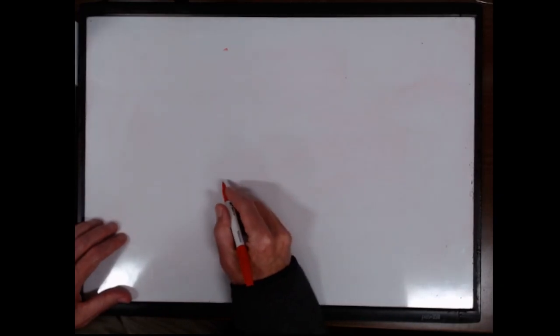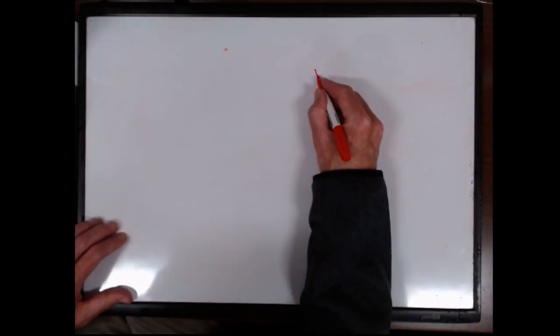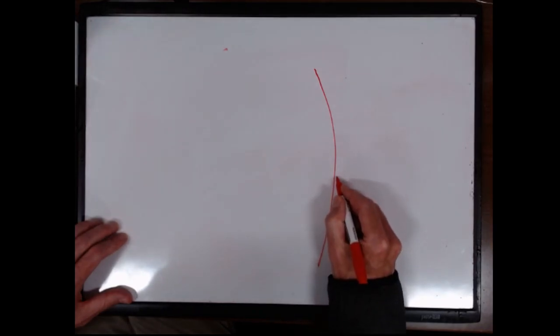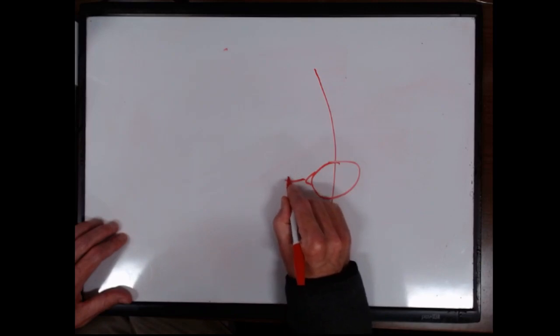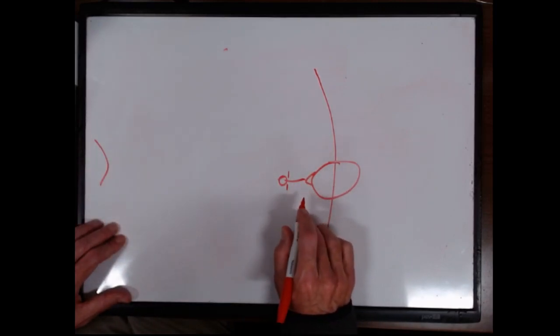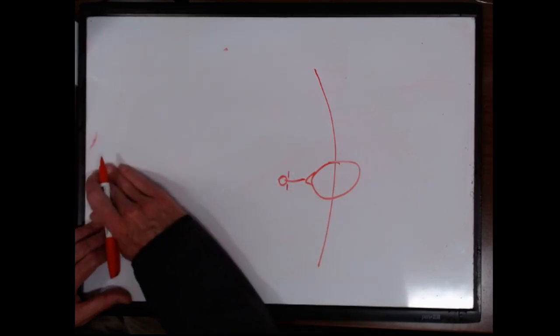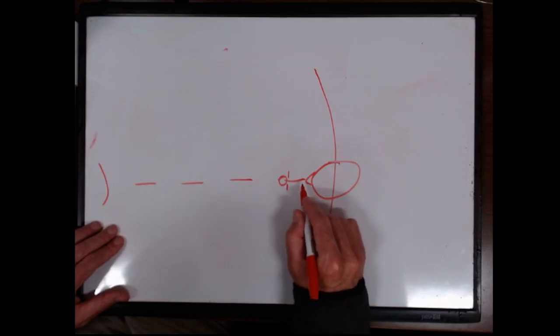Right? So I'll draw it the way they drew it. So here's my path, right? And here's the guy standing on the Earth, right, like this. And here's the sun over here. So there's the sun, right? It's directly overhead.